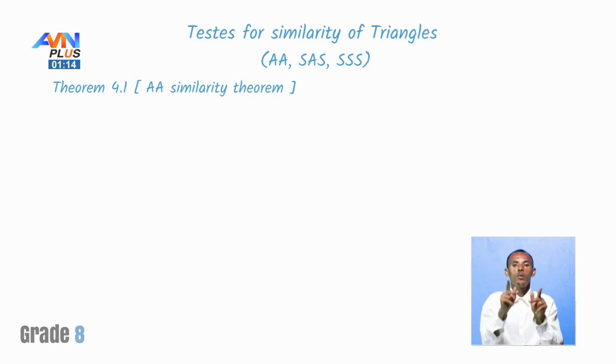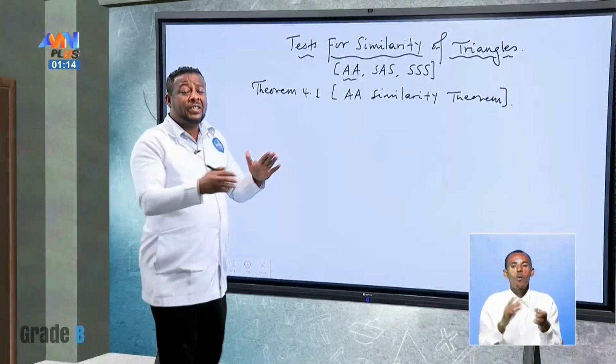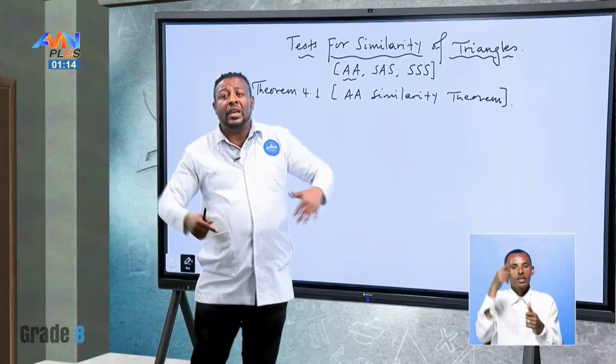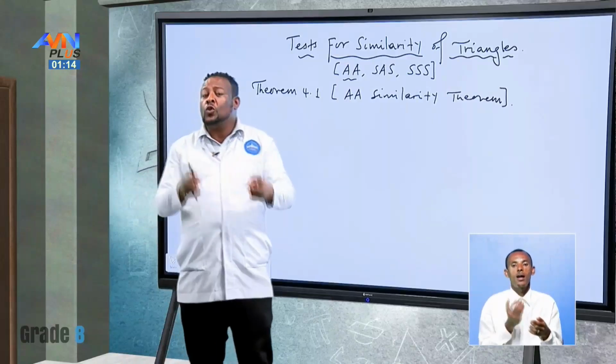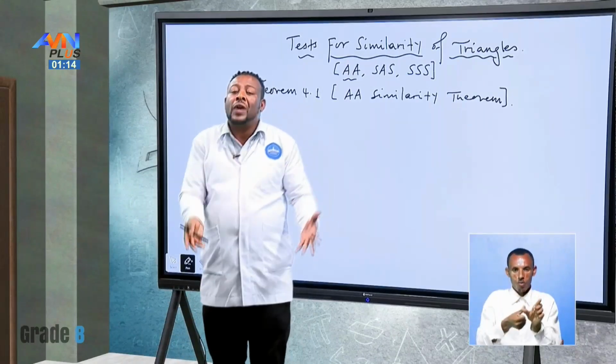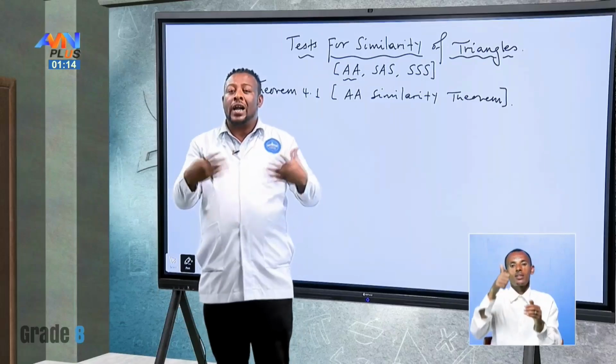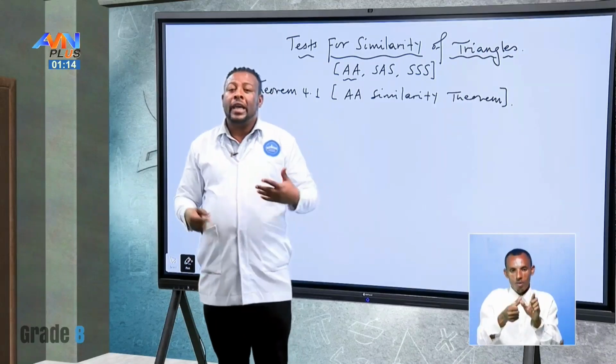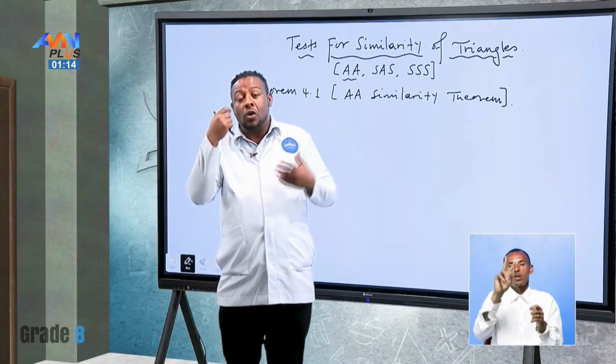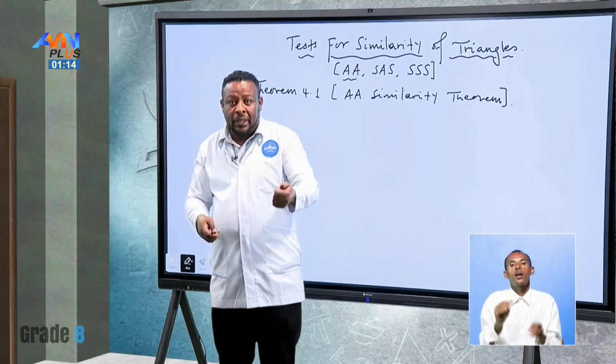So this theorem tells us if two angles of one triangle are congruent to two angles of another triangle, then the two triangles are similar. I repeat it.